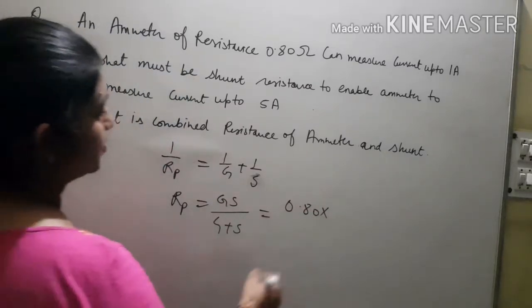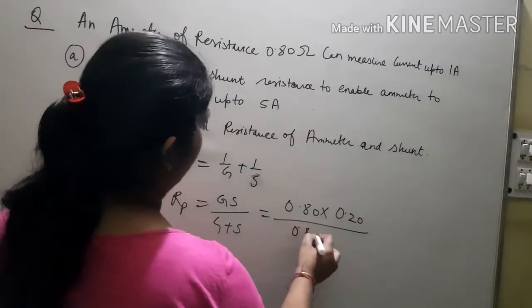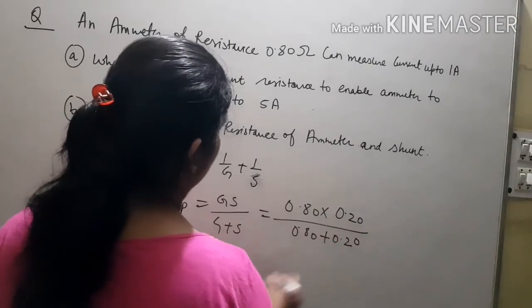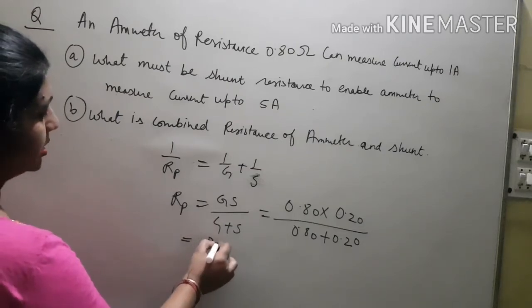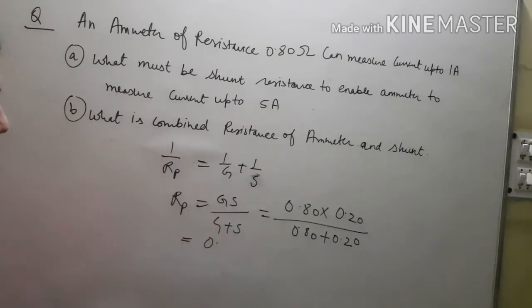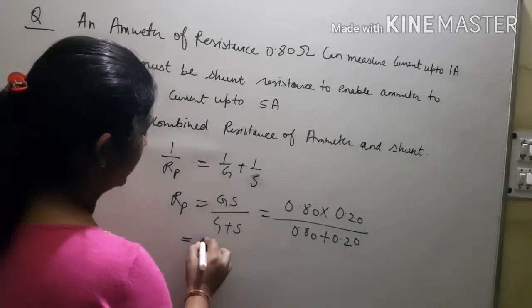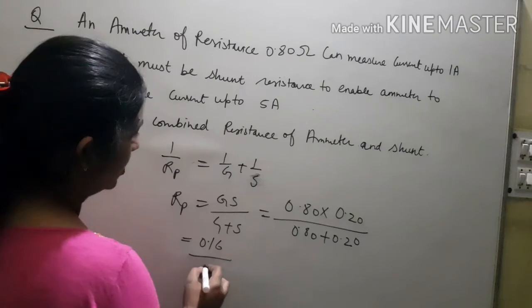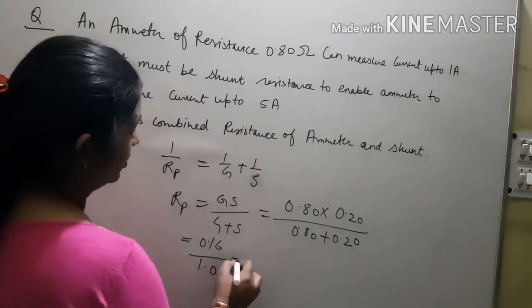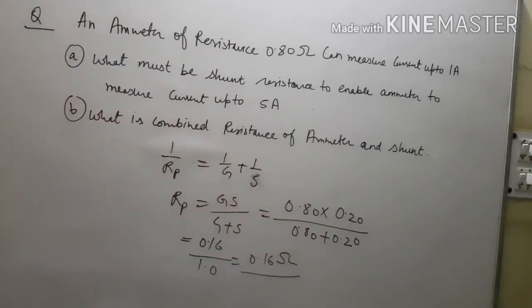S has become 0.2. And G plus S means 0.8 plus 0.2. So it will become 0.8 into 0.2, that is 0.16, over 0.8 plus 0.2, that is 1. So the answer is 0.16 ohm. So the net resistance of the circuit is 0.16 ohm.